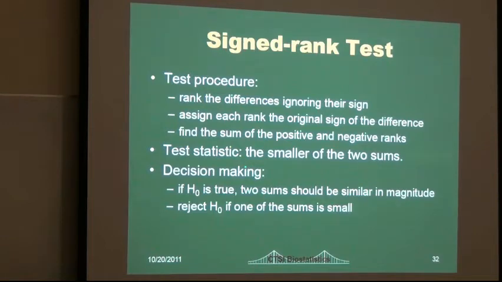The test statistic is calculated from the sums of the ranks of either the positive or the negative sign. Under the null hypothesis, the sums of the positive ranks and the negative ranks will be similar, but if the sum is too small or too large, then you reject the null hypothesis.